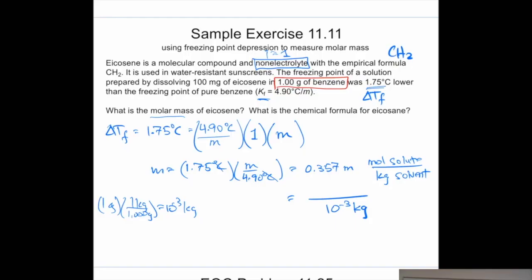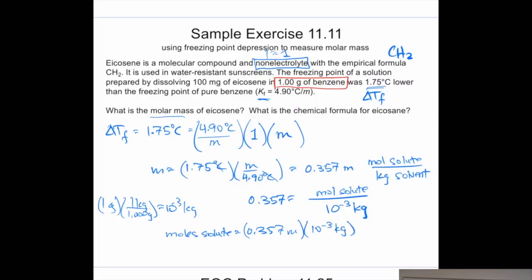What's the moles of solute? We don't know what that is, right? But now we can solve for it. Moles of solute is equal to 0.357 molal times 10 to the minus 3 kilograms.